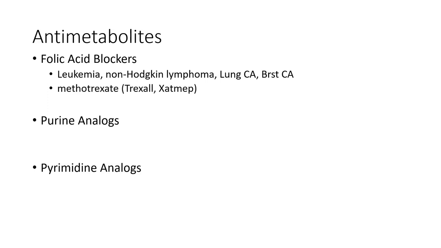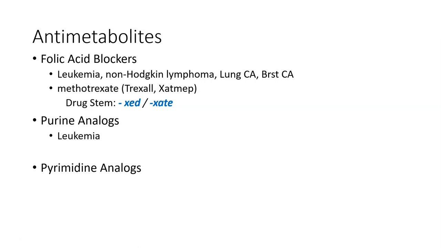And the prototype drug is methotrexate. We've talked about this drug when we discussed rheumatoid arthritis. So this can be used for cancer, but it's also used for other things. It's available by brand names Trexall and Xatmep. And the drug stem for the folic acid blocker antimetabolites is trexate, as in methotrexate.